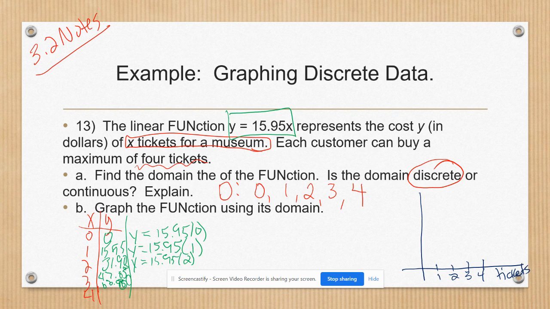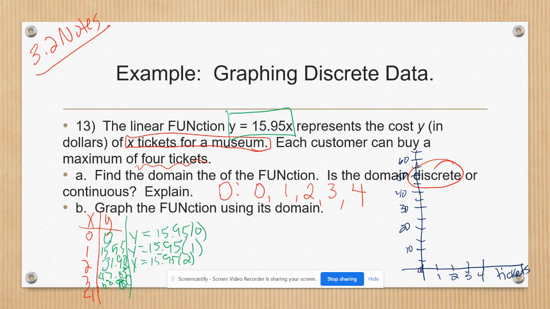And then I think I am going to go by, let's do 5s. 5, 10, 15, 20, 25, 30, 35, 40, 45, 50, 55, 60, 65.